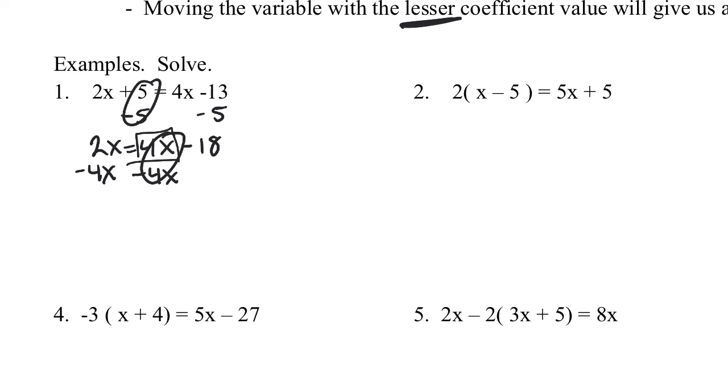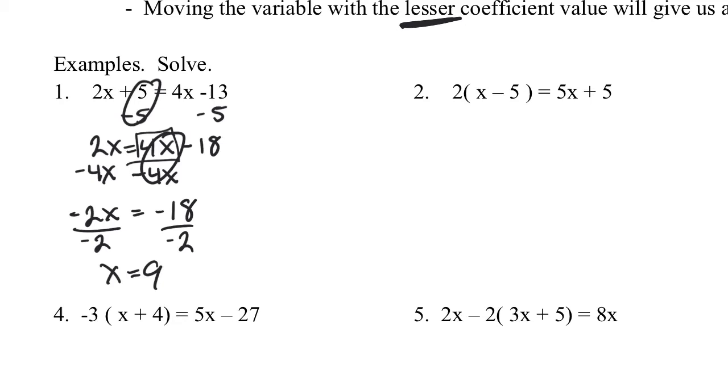So 4x minus 4x, or 4x plus negative 4x, that's just 0. And then we're just going to deal with this left-hand side by combining like terms. So 2 minus 4 is negative 2x. All right, and then solving as per usual, divide both sides by negative 2, and we get x equals, oops, not 6, 9.